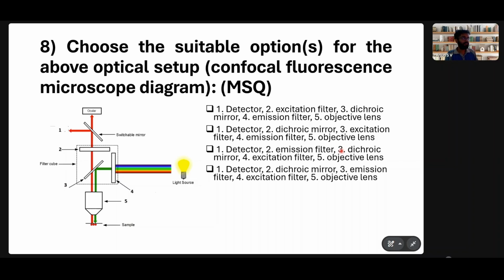Which one of them will be the correct option? All the other options are also locked here, because option 5 is also an objective lens here.